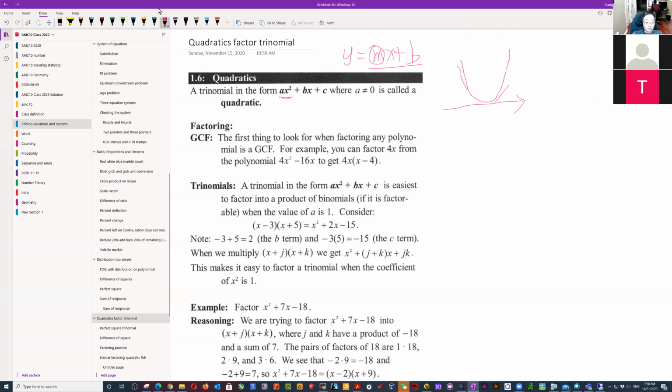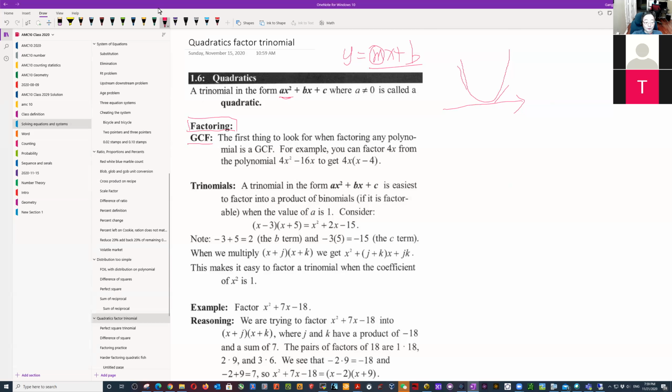And for quadratics, there are several ways to manage them. One of the things is factoring. The importance of factoring is that once you are able to factor the quadratic, you actually automatically get a solution of the quadratic equation. And we're going to go through a few examples on how to factor it. The easiest factoring is the GCF.